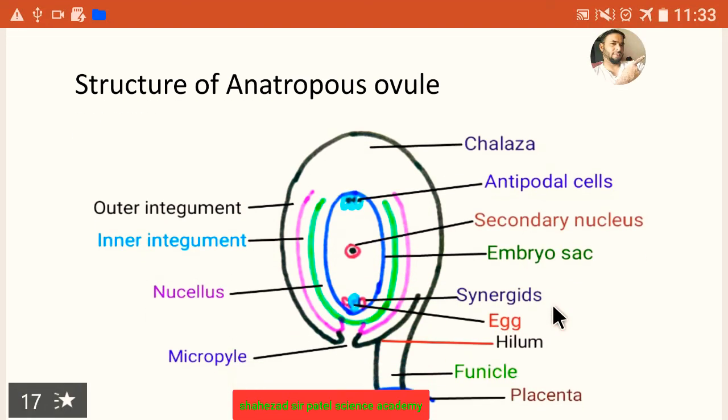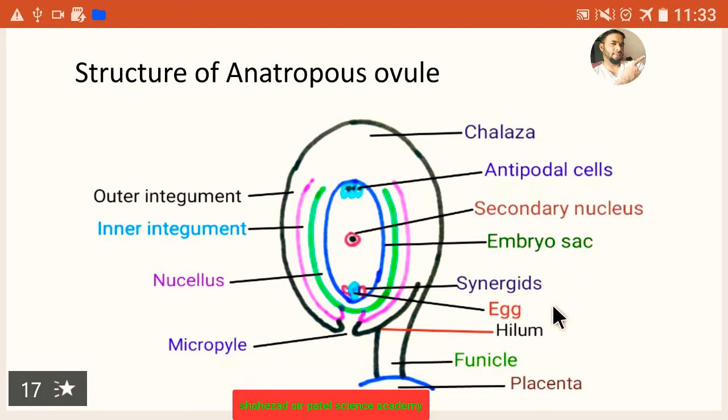Now I'll explain to you the structure of the anatropous ovule. The ovule is the most important part of the carpel, because in this part there is the female egg, which is needed for fertilization and the production of the next generation.